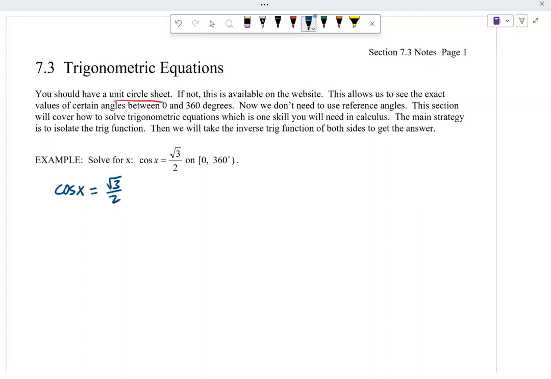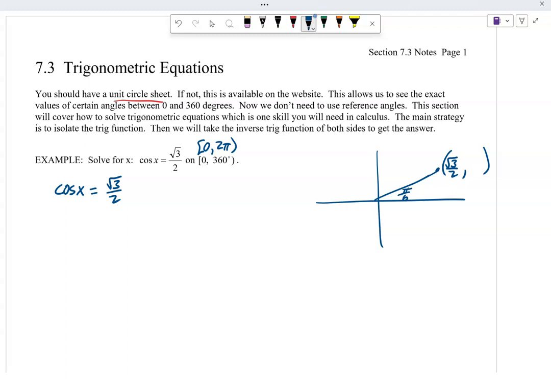Notice they give us from 0, and I'm going to do this in radians, up to 2 pi, so they have that restriction. So I'm thinking to myself, well, the cosine of what is root 3 over 2? I'm looking on my unit circle, and I've got a cosine right here that's root 3 over 2. So cosine of what angle is that? We know that's pi 6.